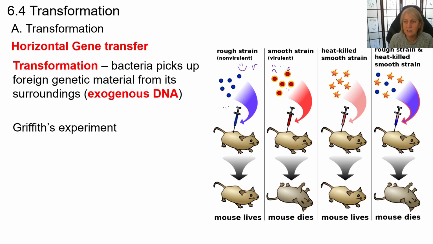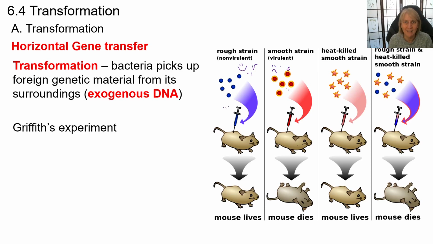And he injected the killed smooth bacteria into the mouse. Well, it turns out dead bacteria don't kill mice. Also not a surprise. What was a big surprise is when Griffith took the rough strain, the not mouse-killing bacteria, and mixed it with the smooth strain, the other not mouse-killing bacteria, and injected it into a mouse.